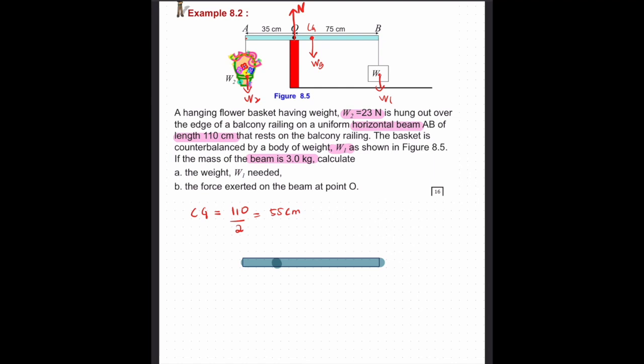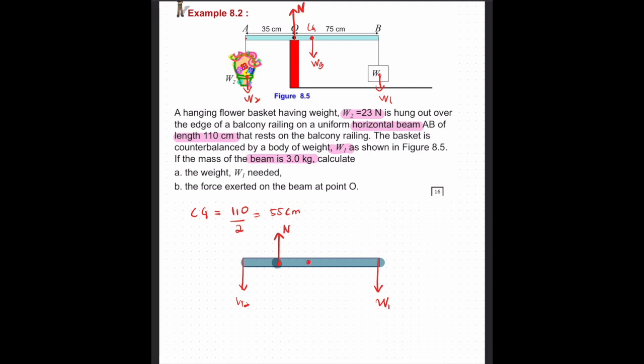Then sketch the free body diagram. We have here W2. Here is our normal, and then here is our weight 1.